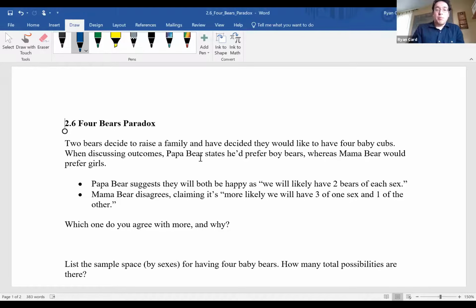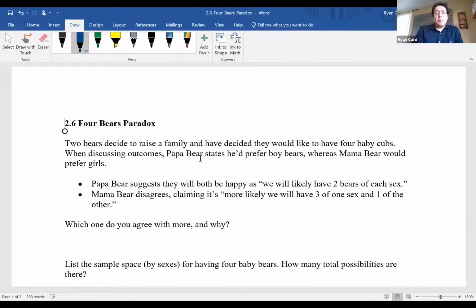Papa Bear says, okay, we'll likely have 2 bears of each sex, so we'll both be happy. And Mama Bear disagrees, and says actually it's more likely that we'll get 3 of one sex and 1 of the other.